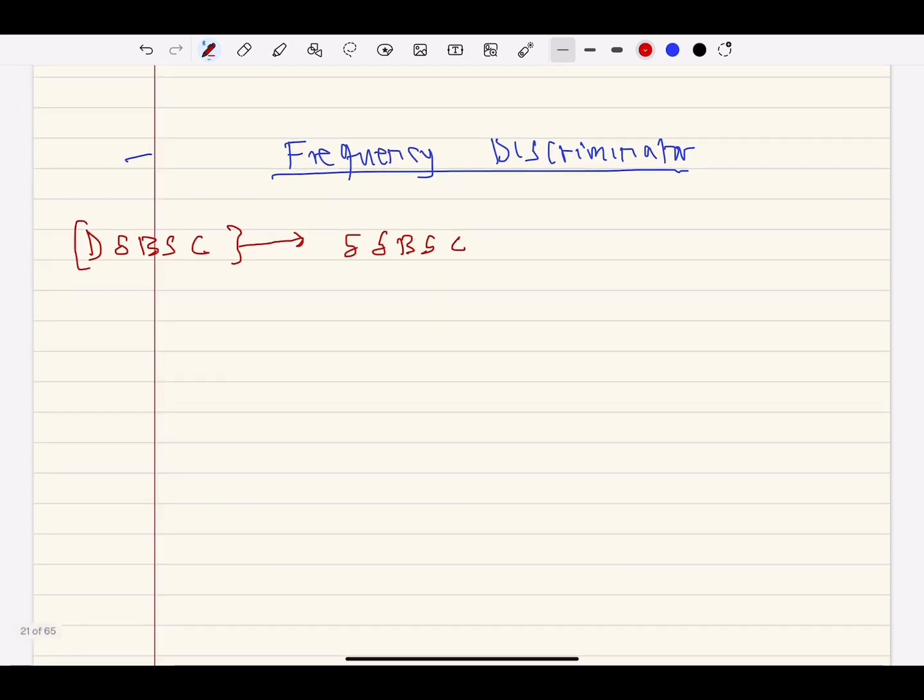In all, you can tune the bandpass filter to either the lower sideband or the upper sideband frequency. When we want the upper sideband, we tune the filter in such a way that we get the frequency range within the upper sideband frequency range, which will allow the upper sideband to go, leaving the lower sideband out. Therefore, we have been able to suppress both the lower sideband and the carrier.